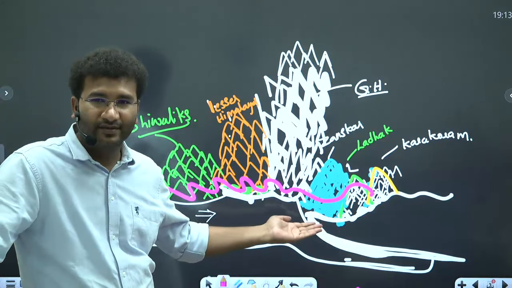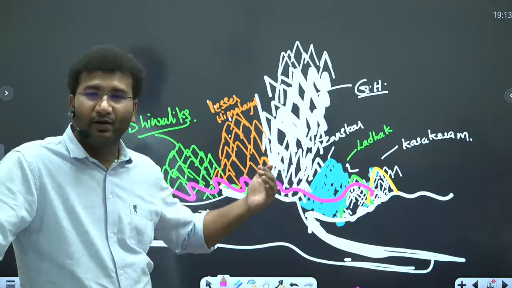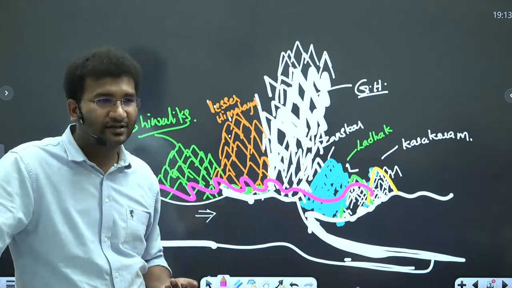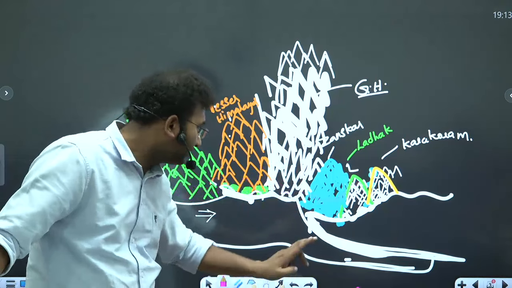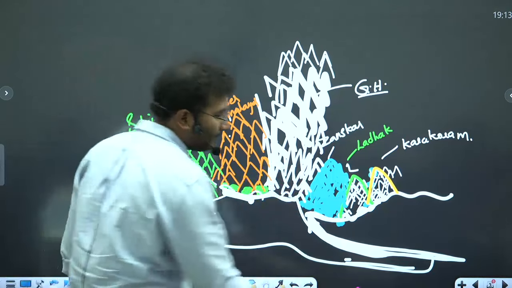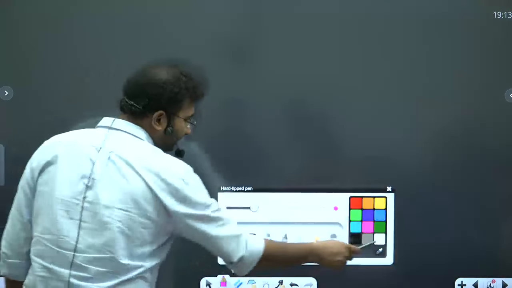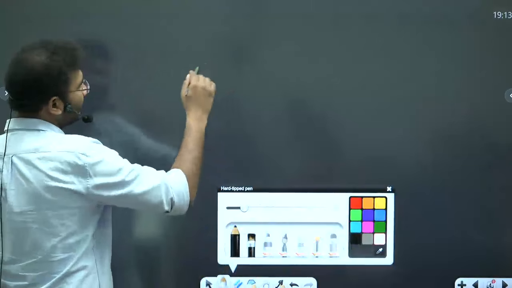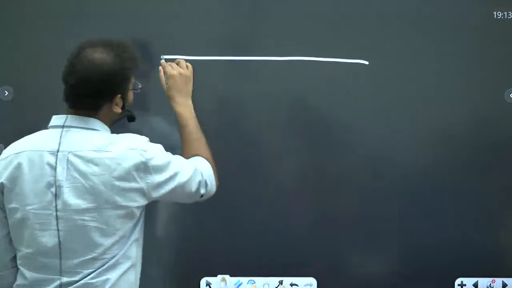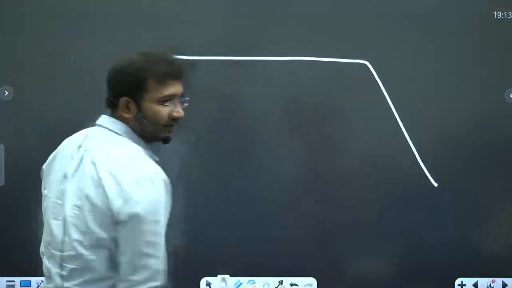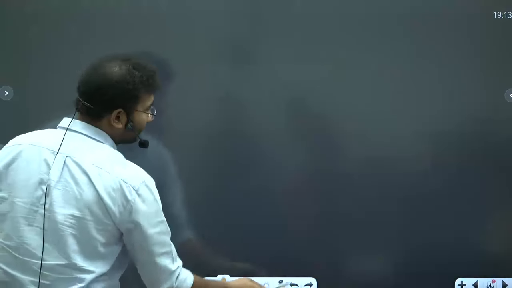Because, see, a river always cuts anything that comes in its way. I mean to show, first suppose, what is the job of a river? Imagine this is a plain area. Okay?